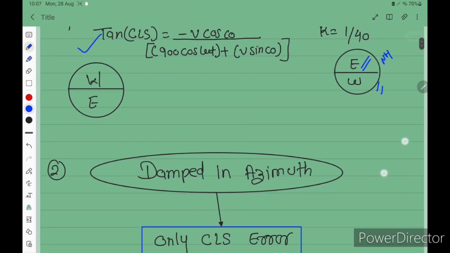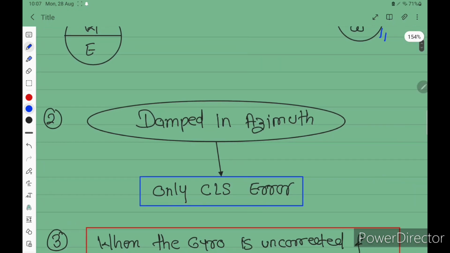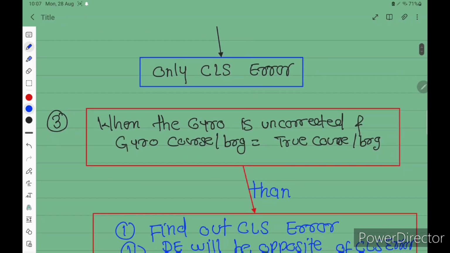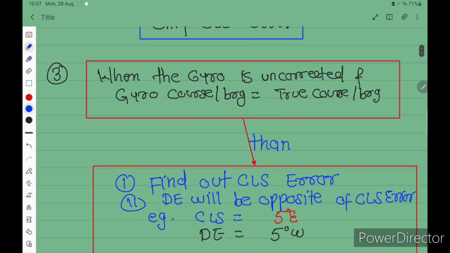Now if the question says damped in azimuth, that means only course latitude and speed error is present, no damping error is present. So when the gyro is uncorrected, then gyro course and bearing is equal to true course and bearing. Then find out course latitude speed error.